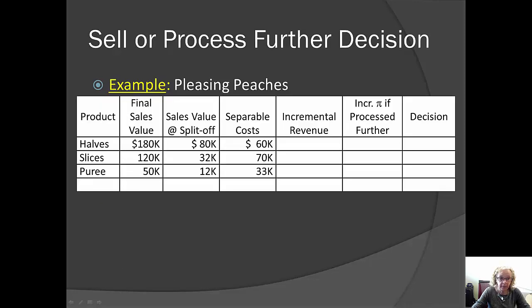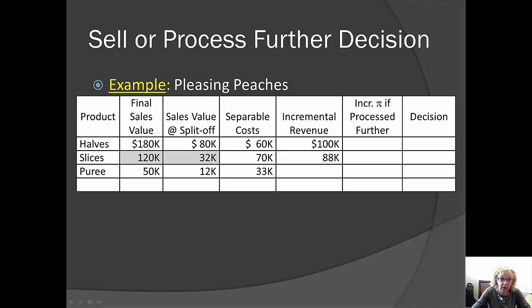In our example, we know the sales revenue that we could incur if we sold our peach halves as they are at the split-off, or if we decided to can them. The incremental revenue is the difference between those two sales values. Similarly, for peach slices, we know what we could sell them for as slices, and we know what we could sell them for if we baked those slices into a pie.